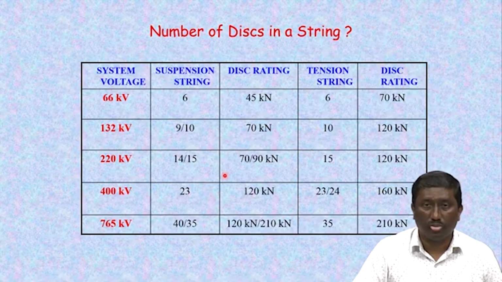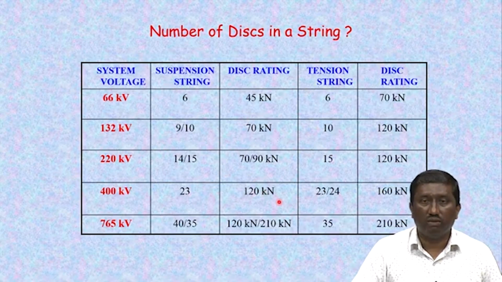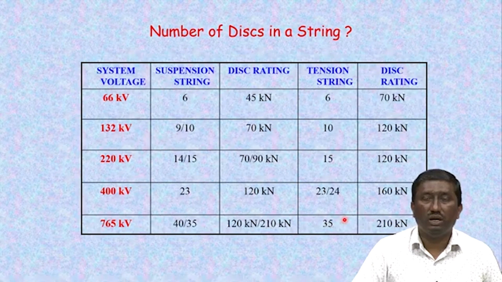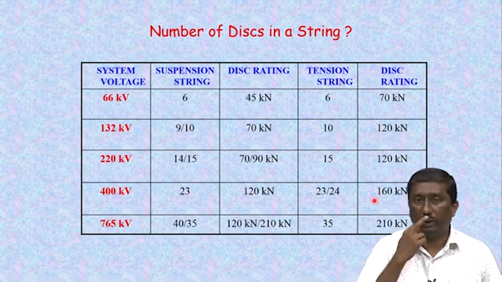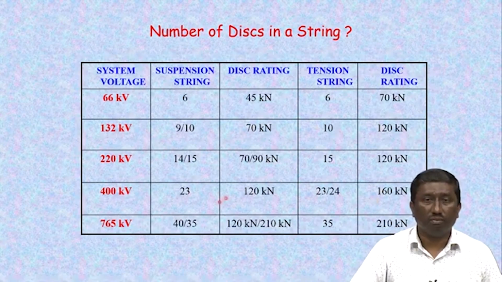The mechanical rating will be 120 kilonewtons, and for tension strings it could be 23, 24 or sometimes 25 insulators of 160 kilonewtons, as it has to carry more load in tension. Then for 800 kV or 765 kV, it depends upon the creepage of the insulators.